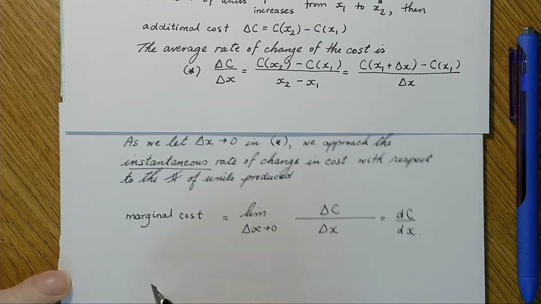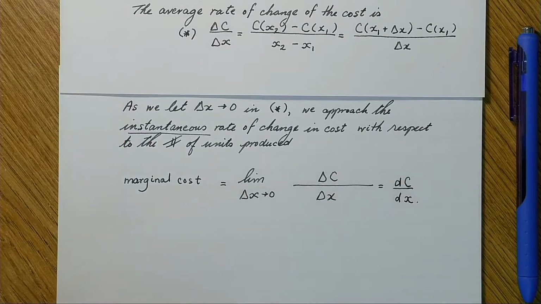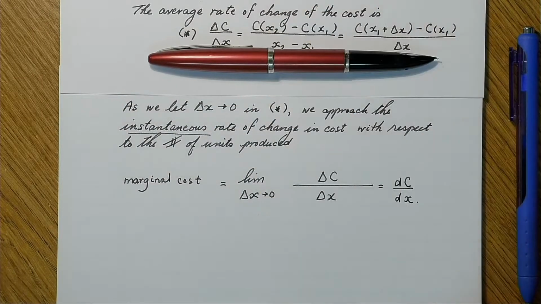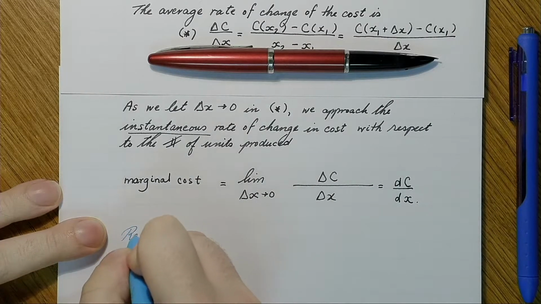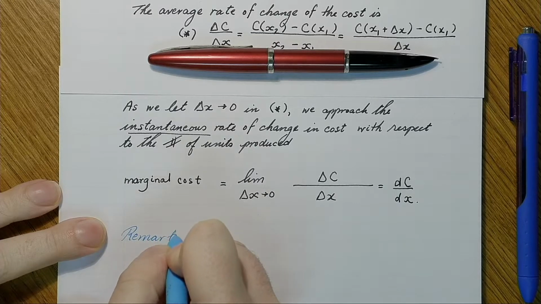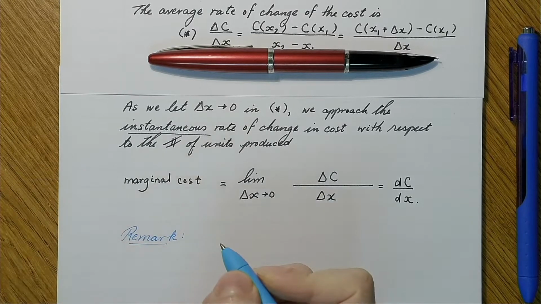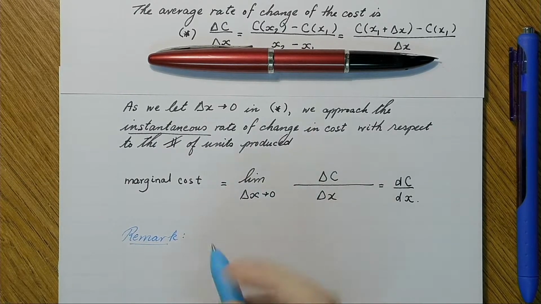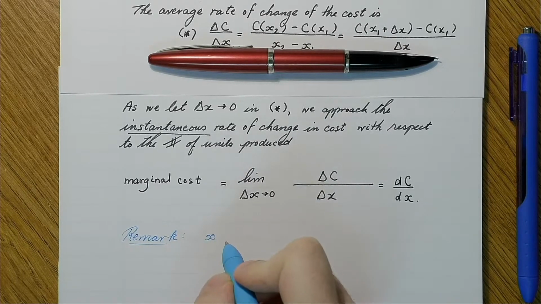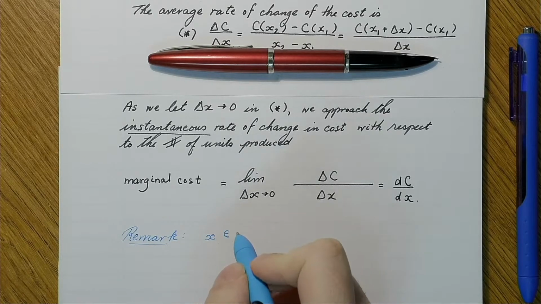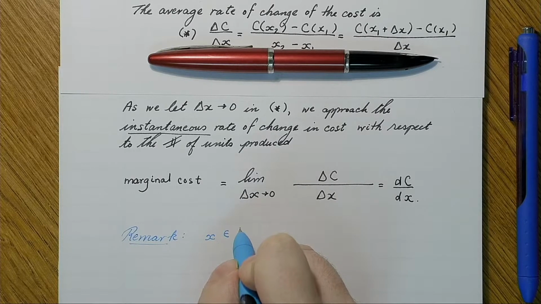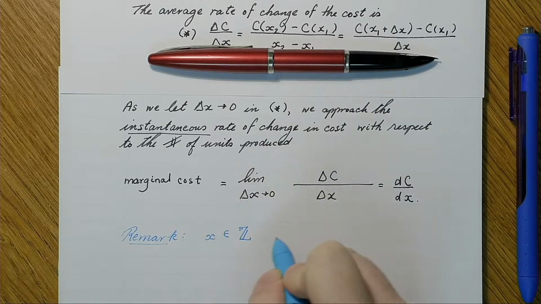Okay, there's a small note that I'll write in some sky blue. Just as a small technical remark, the values of the units themselves, x, take on integer values. That's my Z for integers.